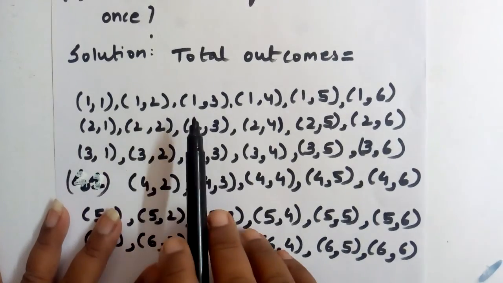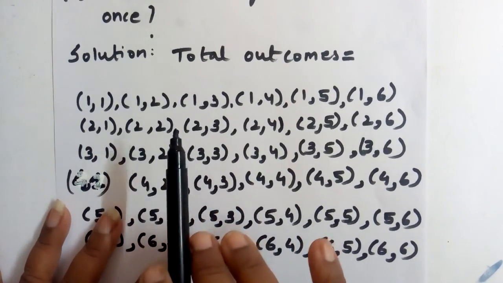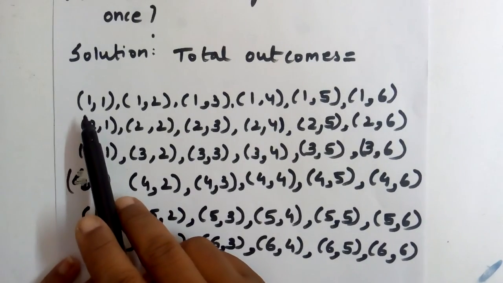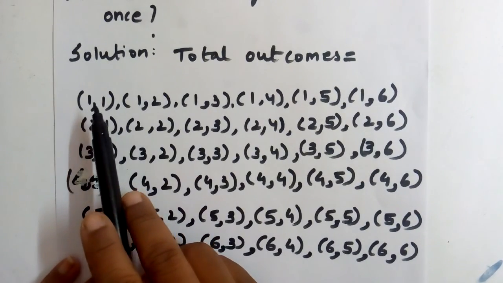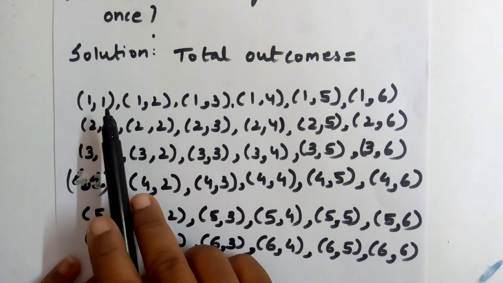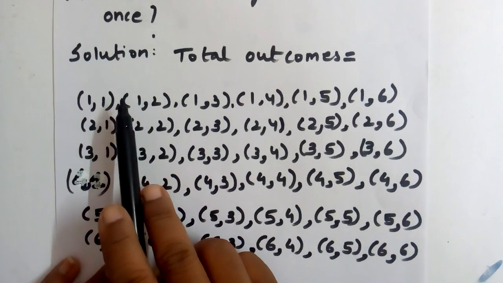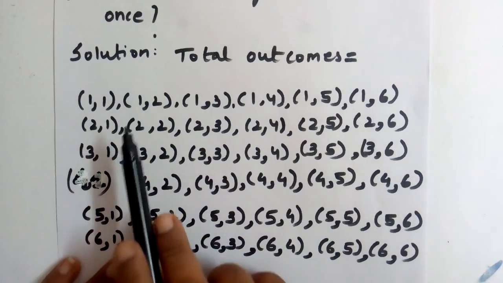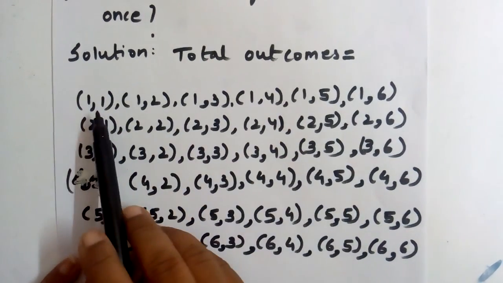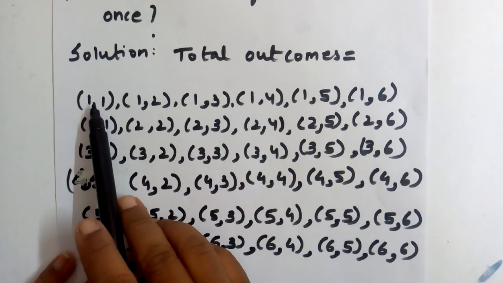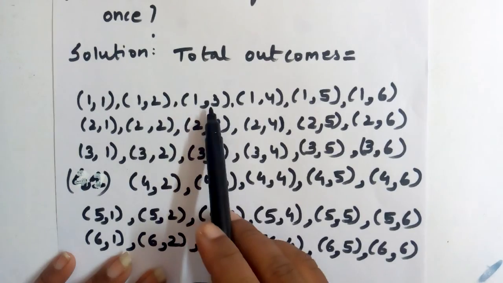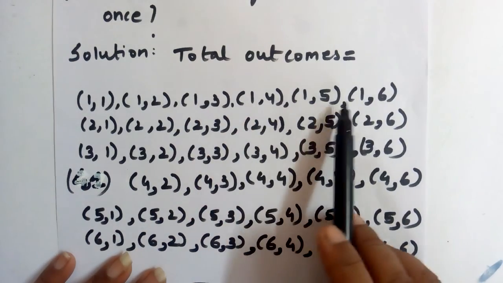Let me explain how we are making this table. First we take the case where 1 is on the first die and on the second die all the cases 1, 2, 3, 4, 5 or 6. So there could be 1 1, 1 2, 1 3, 1 4, 1 5, 1 6.